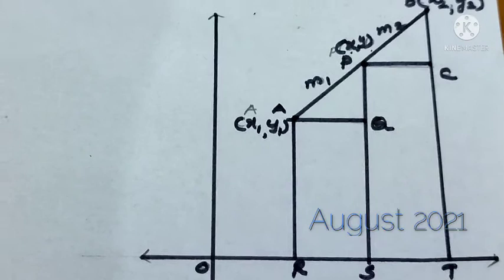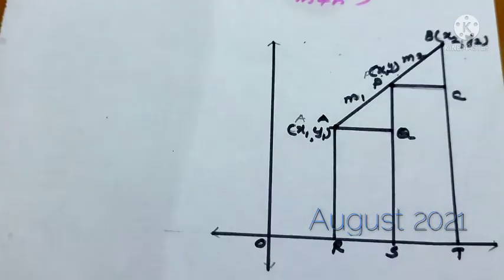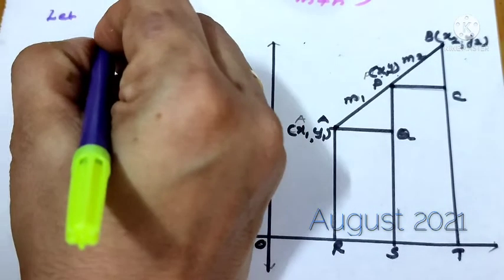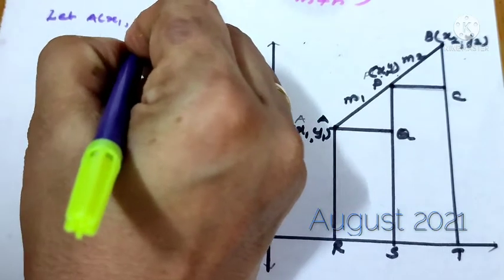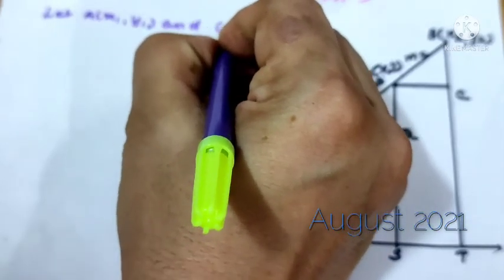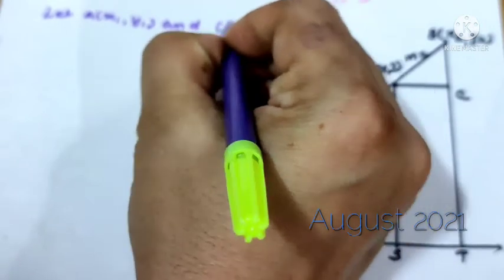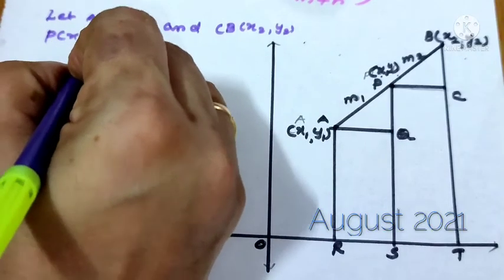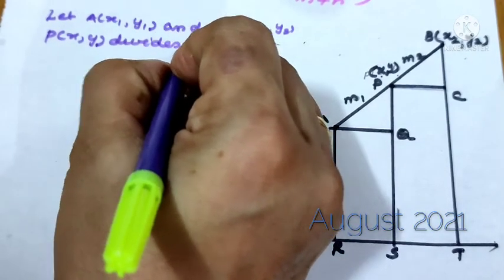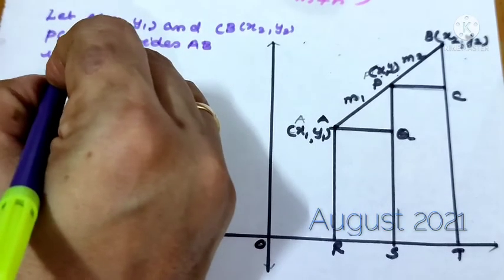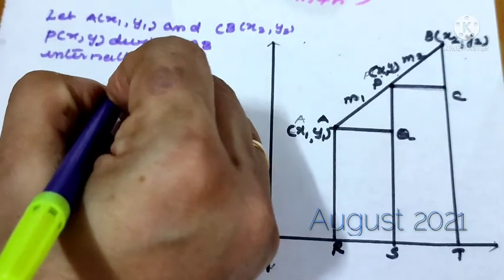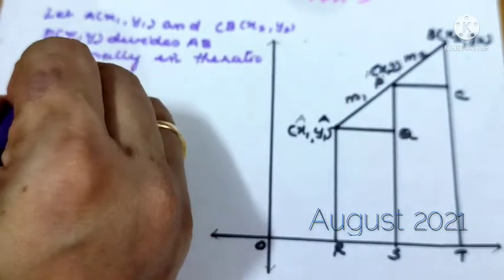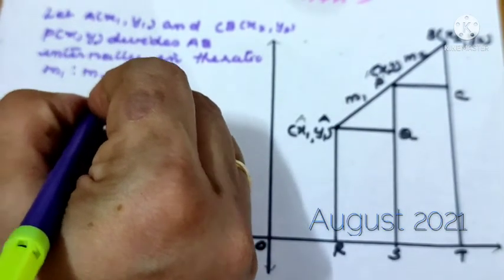So we have to write the points of what we have done here. A (x1, y1), B (x2, y2), P (x, y) divides AB internally in the ratio m1 to m2.